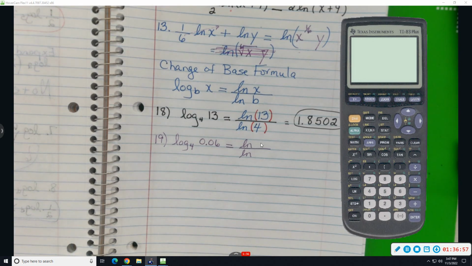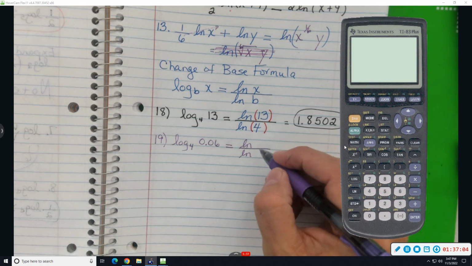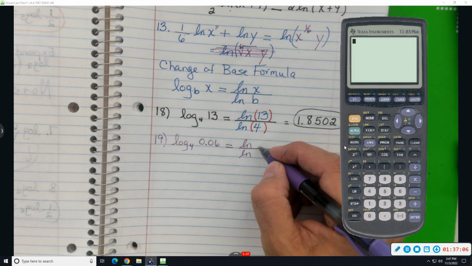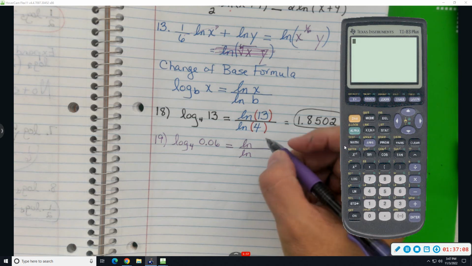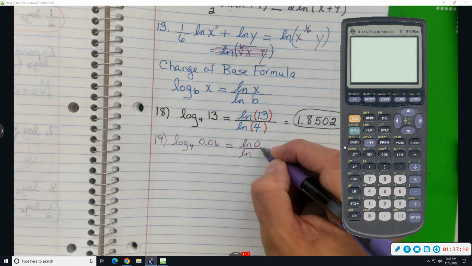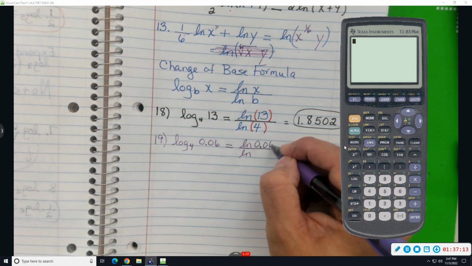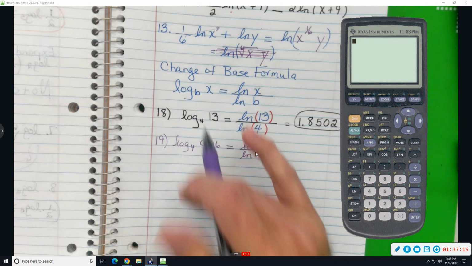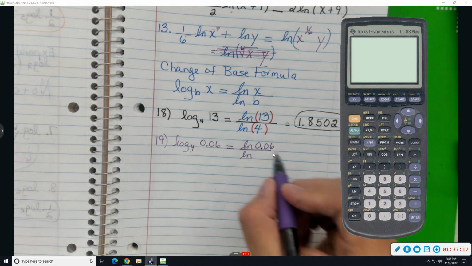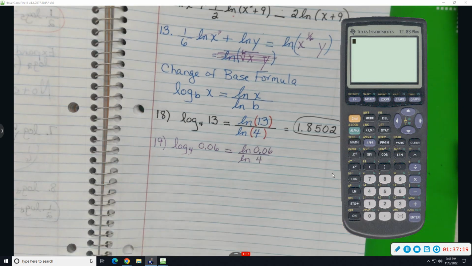Which number goes on top and which number goes on bottom? The 0.06. The number that's written down lower, that subscript, is the number that goes on the bottom.